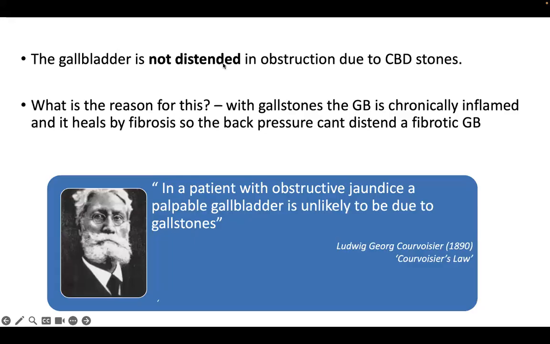The gallbladder is not distended in obstructions due to CBD stones. This is Courvoisier's law. This is because with gallstones, the gallbladder is chronically inflamed. When it heals, it will heal with fibrosis. So once there is back pressure, this can't distend a fibrotic gallbladder. You need to know this law to explain this at your long case, and they can even ask you in the paper.